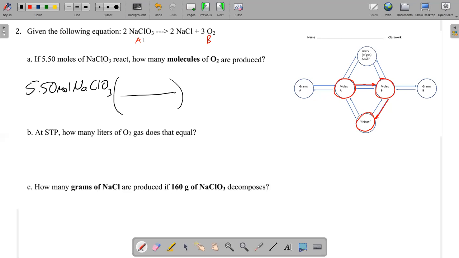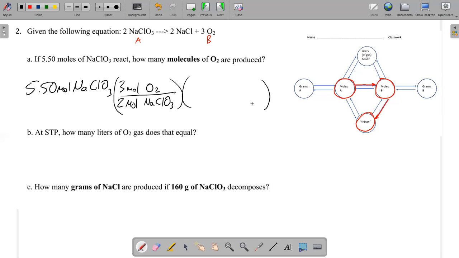And in this balanced chemical equation, for every 2 moles NaClO3, we get 3 moles of oxygen, 3 moles O2. So if you begin with a quantity in moles, the first thing you can use is a mole ratio. That's how I went from moles of one chemical to moles of the other.